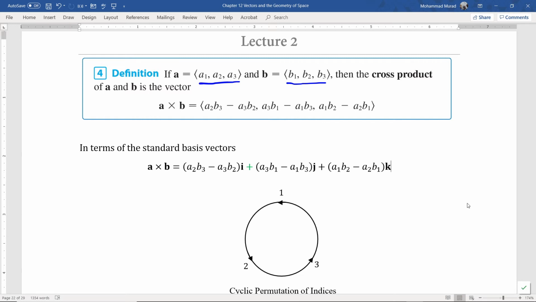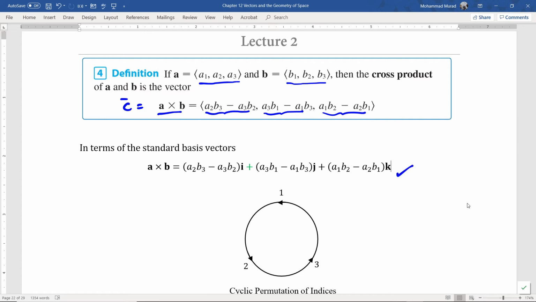So instead of C, now we will write A cross B, and this is the C1, this is the C2, and this is the C3 component of the vector C. This vector A cross B is written in terms of angular brackets. In terms of the standard basis vectors, we can also write it in this way.